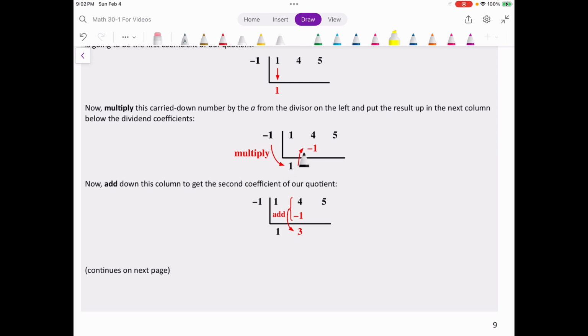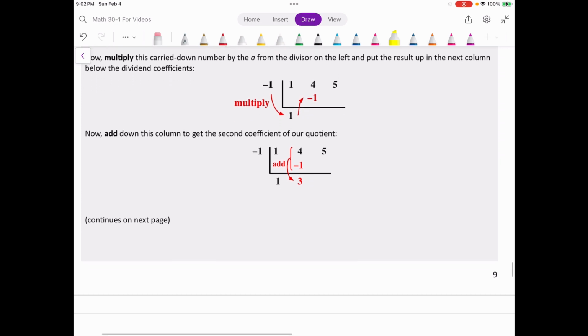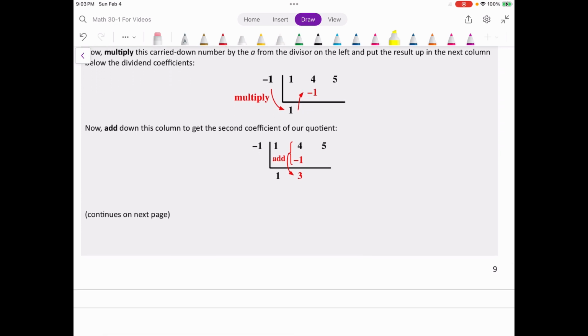And that negative 1 goes up here, okay? Now all we do is add down that column, and that gives us the second coefficient of our quotient. These eventually will tell us the coefficients of our quotient. So now we add 4 plus negative 1 is 3.